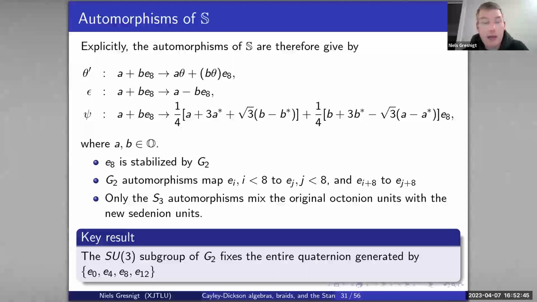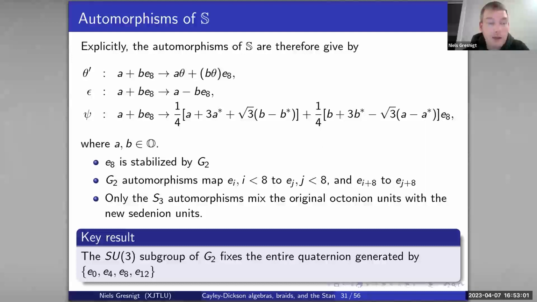So it's only the S3 automorphisms that mix the original Octonion units with the new Sedenion units, which is something new that emerges at this level. This doesn't seem to happen with division algebras.